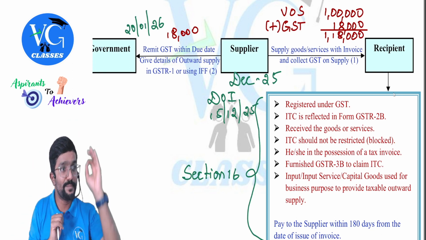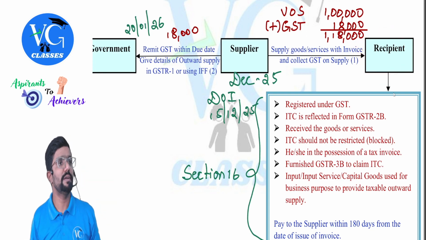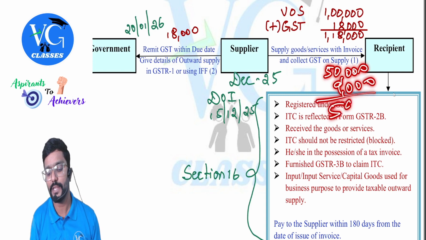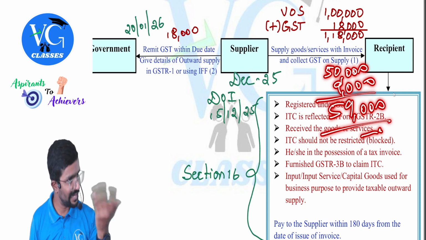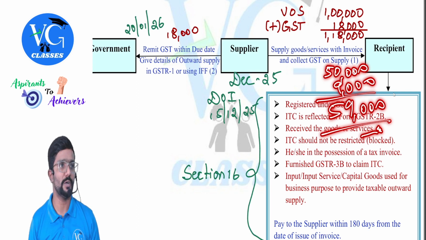Sir, what if by chance the recipient has paid only 50%? 50% means how much? 50,000 plus GST of 9,000. He has paid 59,000. Another 59,000 is outstanding. The supplier asked him to pay, but the recipient didn't pay within 180 days. So the recipient has already claimed a total credit of how much? 18,000.